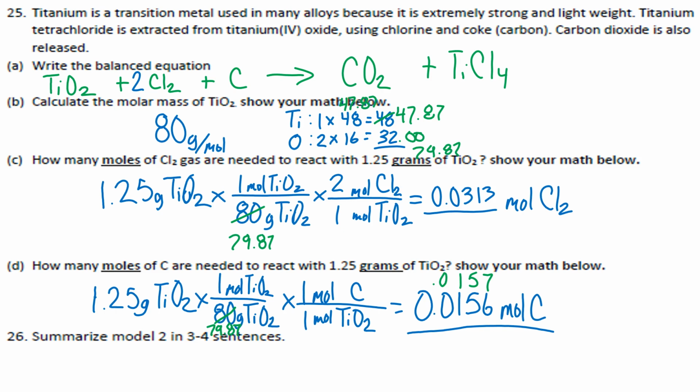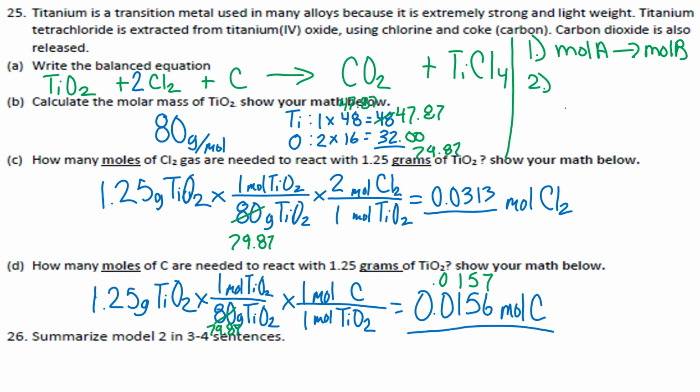All right. So at this point, we've had 3 models. We had model 1, which was going from mole A to mole B. So mole of one substance to mole of another. We used mole ratio to get there.